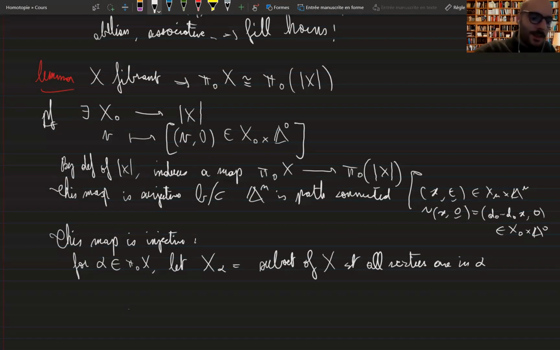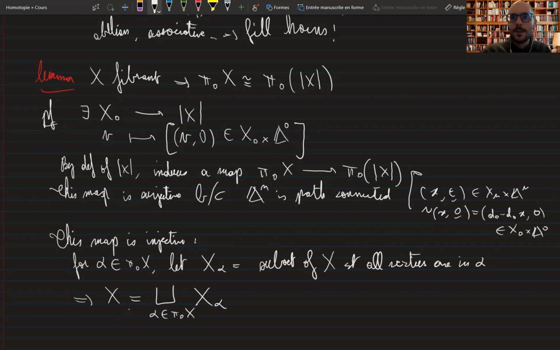Okay. Then X is the coproduct of the X_alpha, because X is fibrant. Whenever you have a simplex, it has to be in some of the X_alpha, because if you have two vertices of this simplex, they have to be in the same path component because they are connected by an edge.